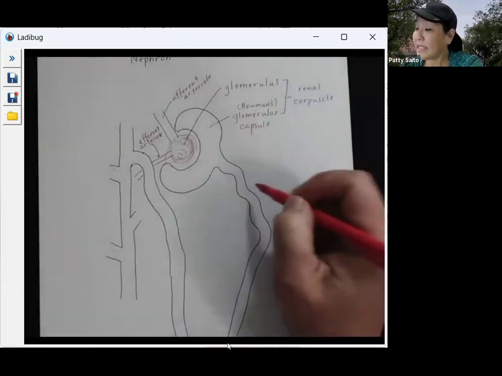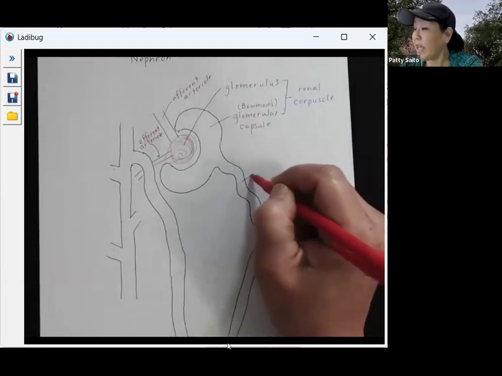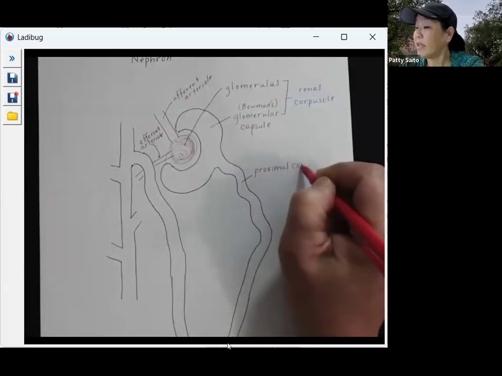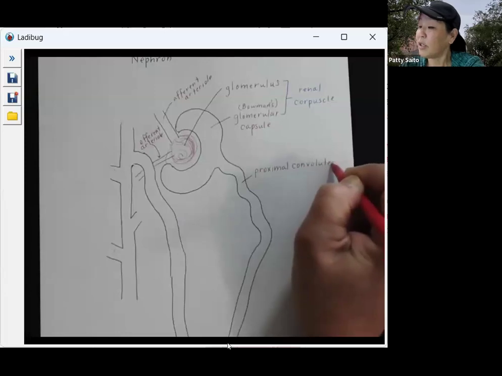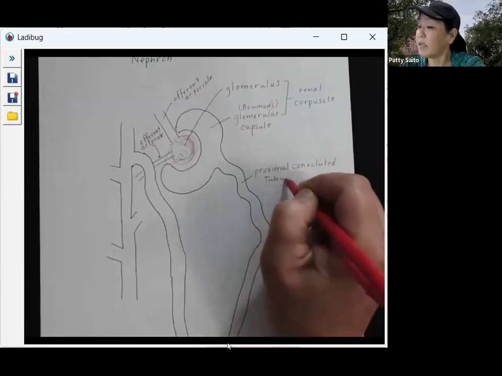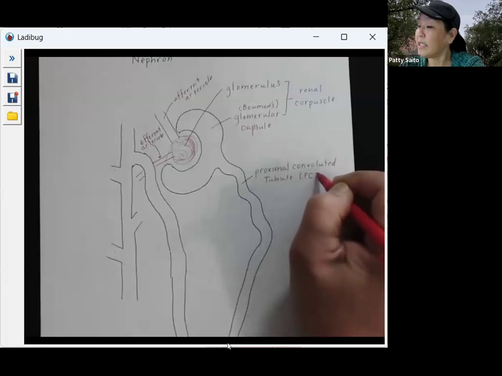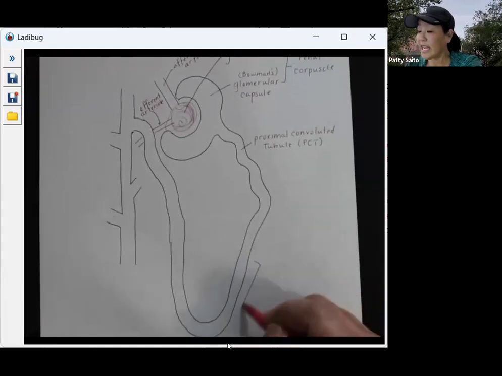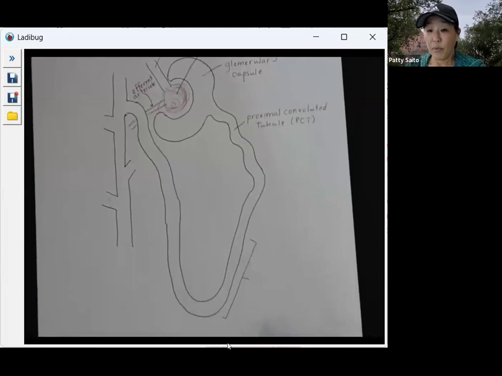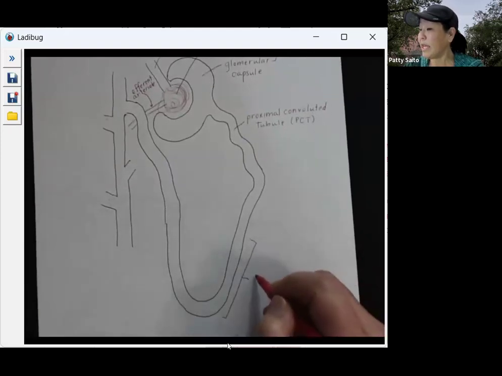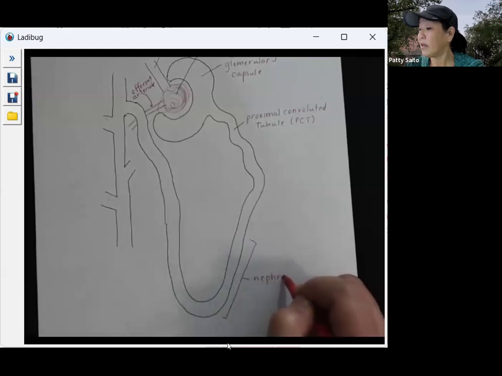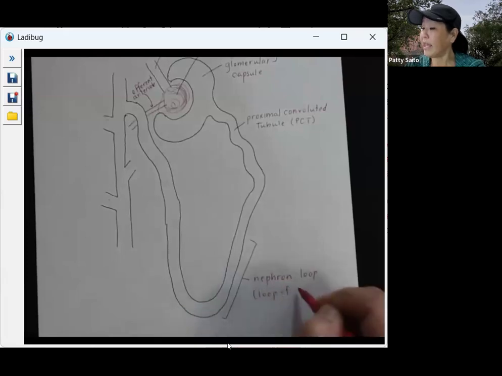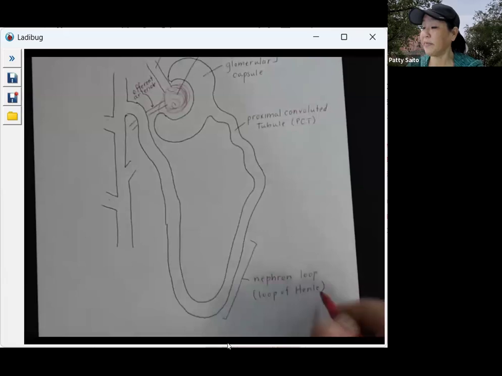All right, this section here is called the proximal convoluted tubule, or the PCT. Then there's this long section that extends down into the renal pyramid or the medulla called the nephron loop, sometimes referred to as the loop of Henle, named after a person.